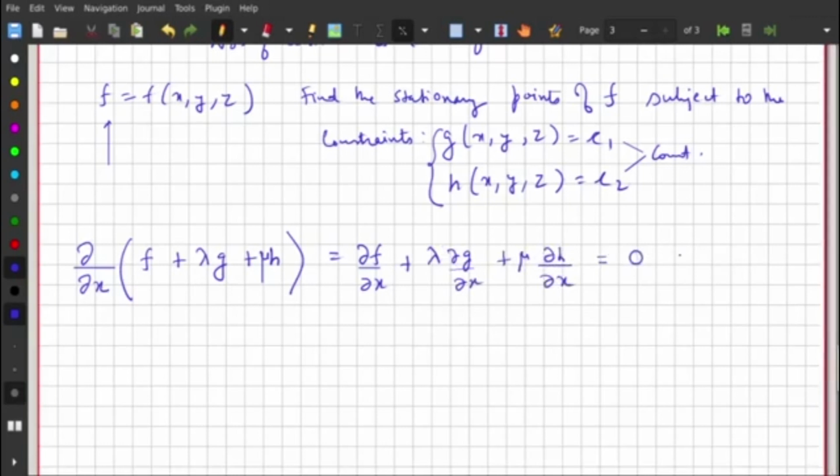So this is equation 1. Similarly, we can write expressions in the y and z directions.